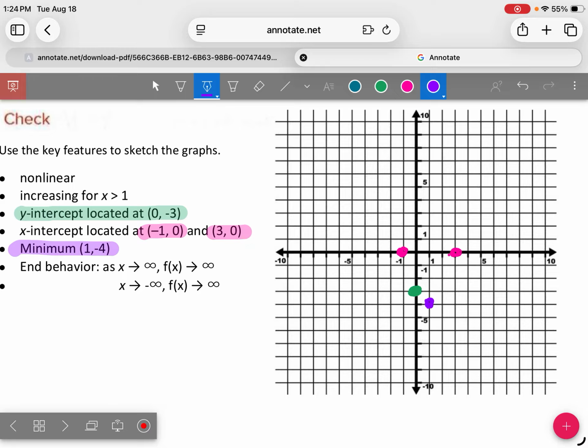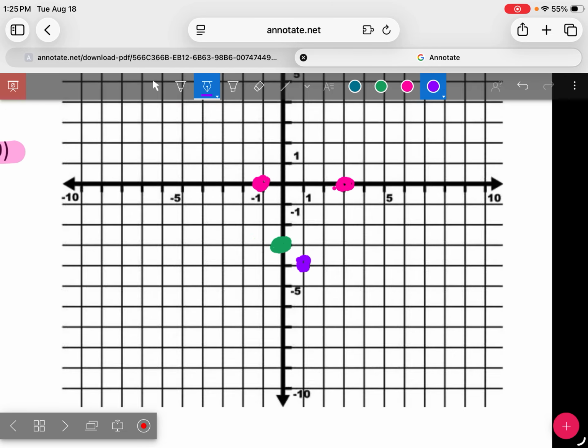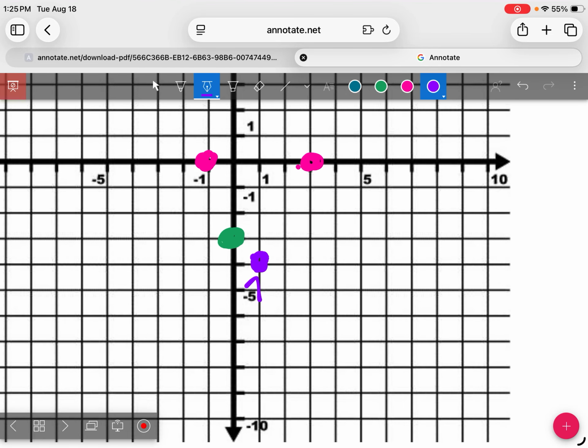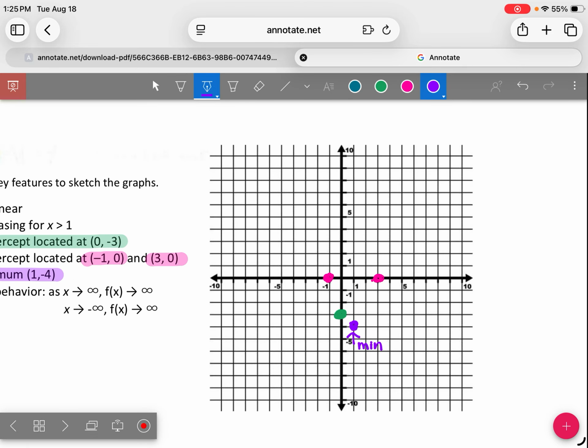So I need to make sure that we can go through here, here, and up through here. Because this is my minimum, so I'm not ever going to go below it. And if it helps you, you can absolutely come in here and say this is the minimum. Just make sure you write it below there so that we know that my graph can't go lower. That's the bottom. That's the floor.